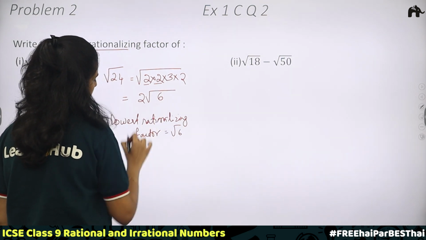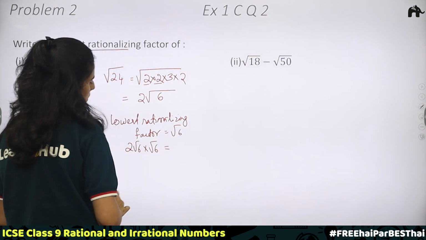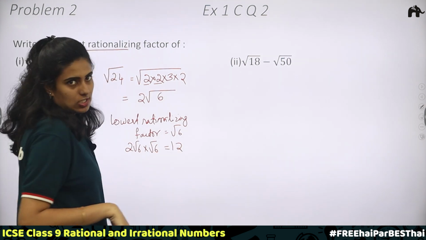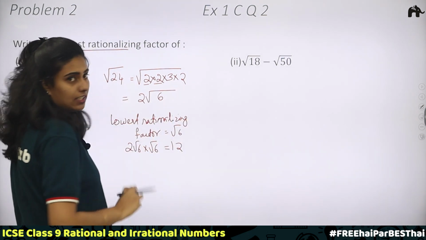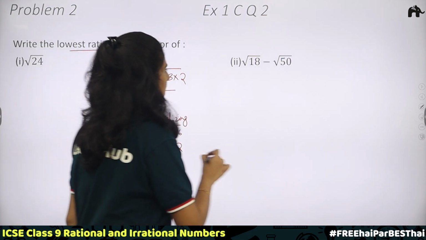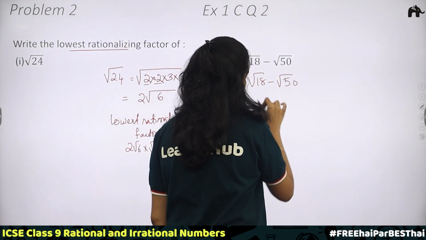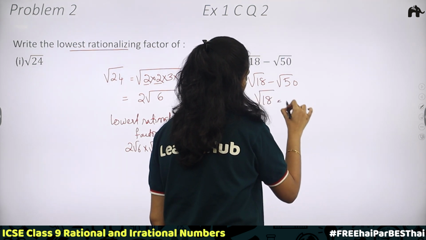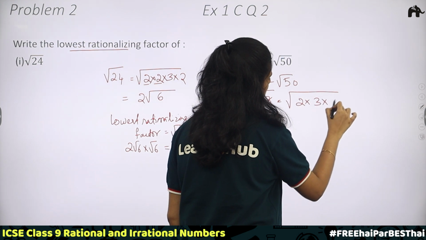So when this number, that is 2 root 6, is multiplied with root 6, you will be getting 12, which is a rational number. So to get a rational number, the least rationalizing factor should be multiplied with it. So here it is root 6. Now the second one, root 18 minus root 50. How can you write root 18? Root 18 can be written as root of 2 into 3 into 3.